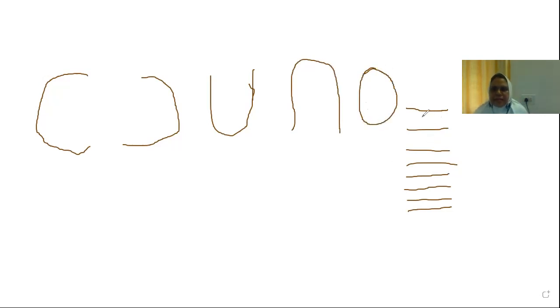And these are lines. When you draw a horizontal line, you start from left to right, and a vertical line is always from top to bottom.